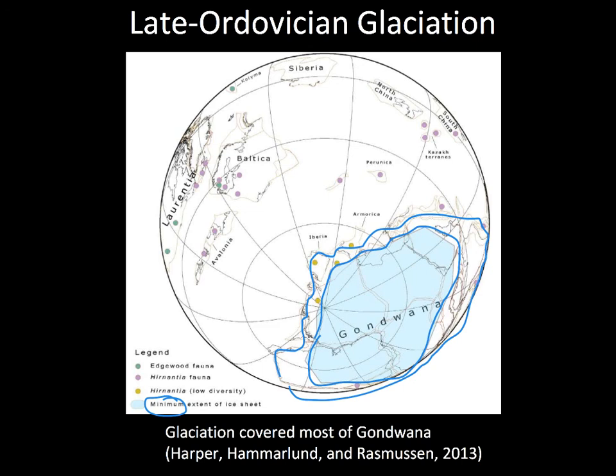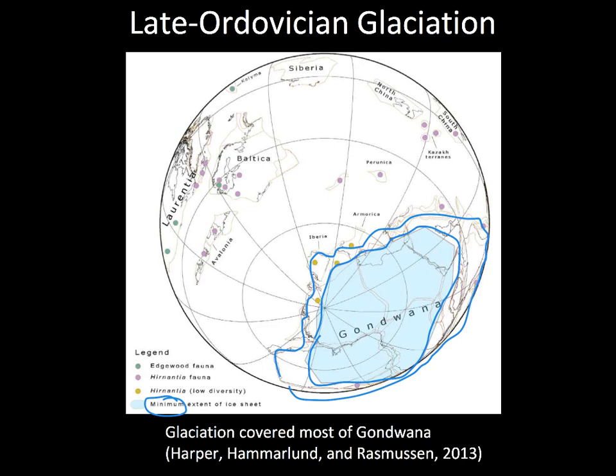The second player here is that when you start forming a glacier of this magnitude, your sea level drops because a lot of the water that was in the sea gets retained on land as ice. And that changed a lot of the seaways around the planet, and a lot of these organisms at this particular point in time lived in the sea.